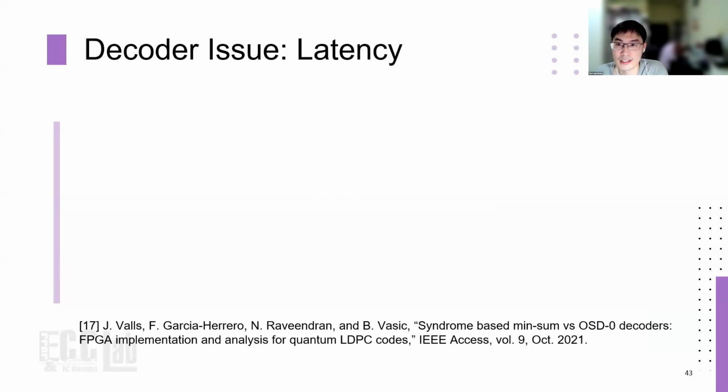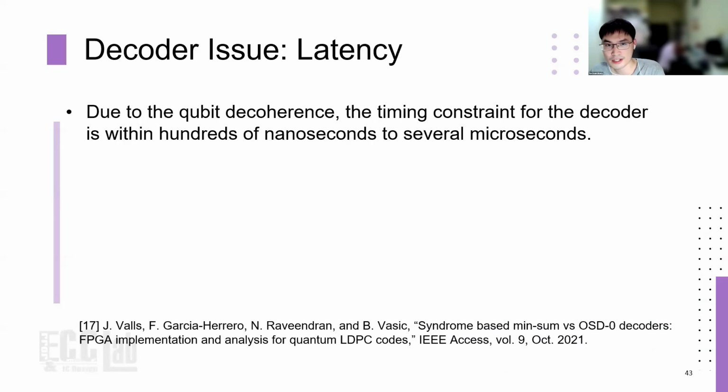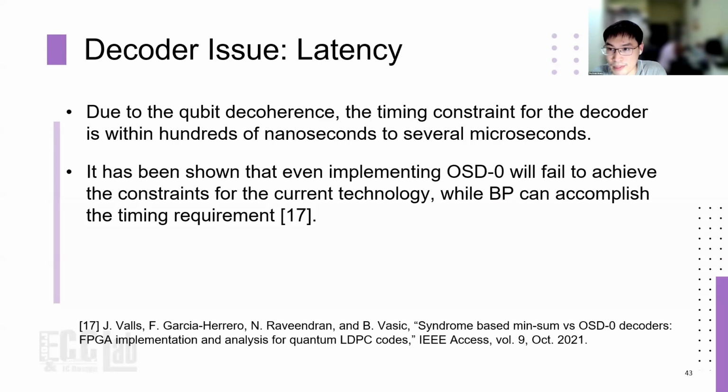Finally, the latency. Due to qubit decoherence, the timing constraint for the decoder is within hundreds of nanoseconds to several microseconds. Even implementing BP plus OSD0 will fail to achieve the constraint, while BP can accomplish the timing requirement.